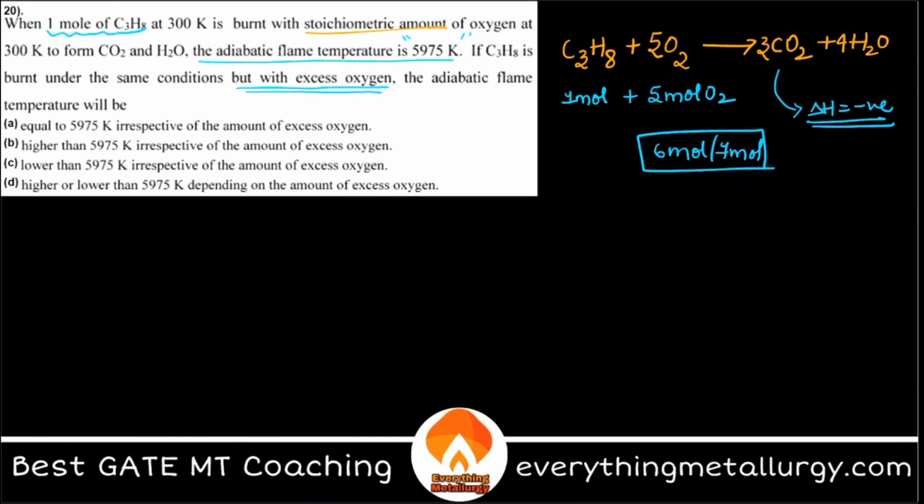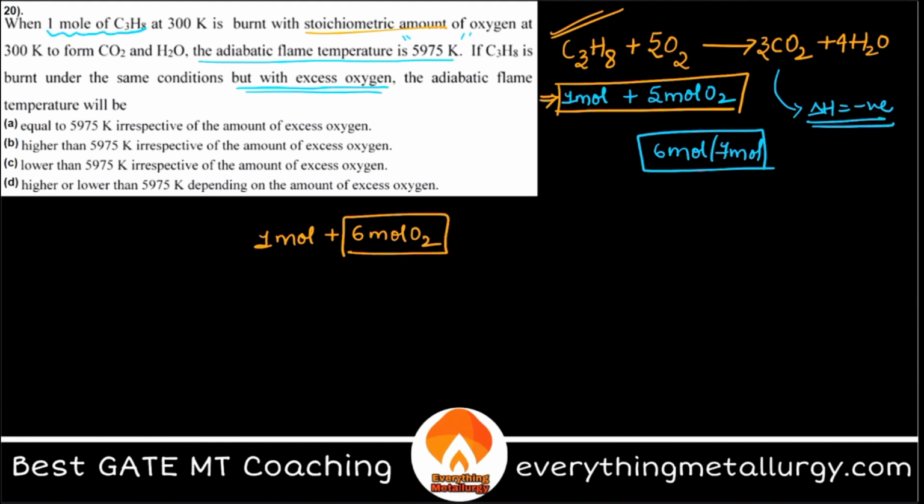One thing you have to remember here is that we balanced this equation and concluded that 1 mole can only react with 5 moles of oxygen. So if you allow 6 moles of oxygen, only 5 moles will be used for combustion. 1 mole of C3H8 combustion only takes 5 moles.